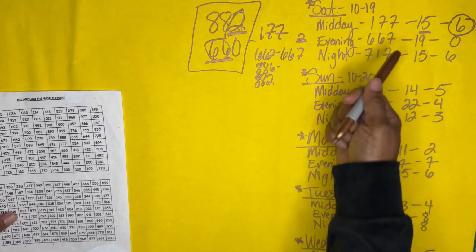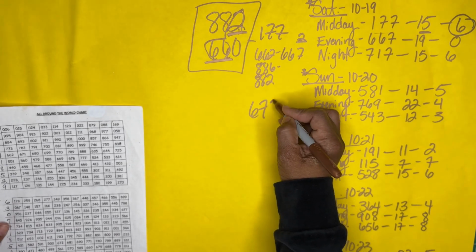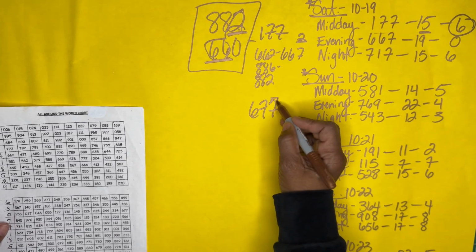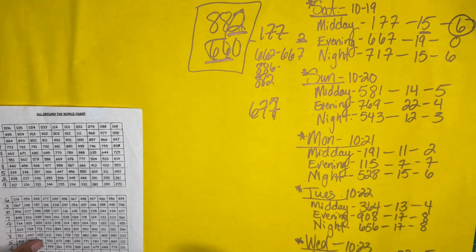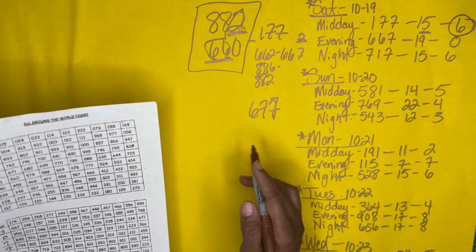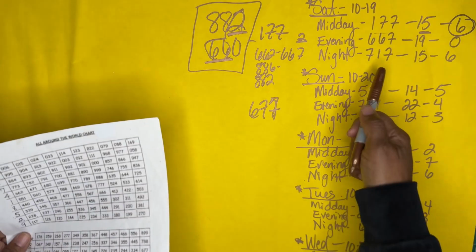But working off 667, let's do 667. 667 fell. And again, when a double falls, you always anticipate a series number. Or if a series number falls, you always anticipate a double. So we have the 667. Let's find the 667.